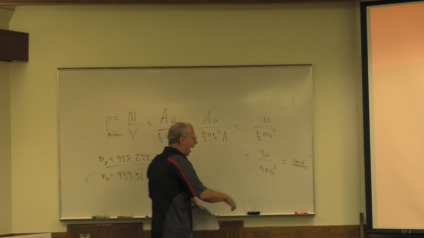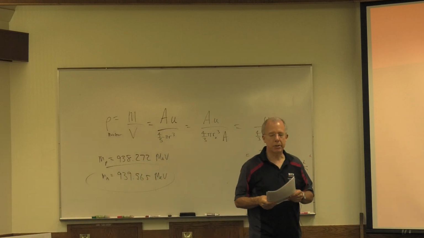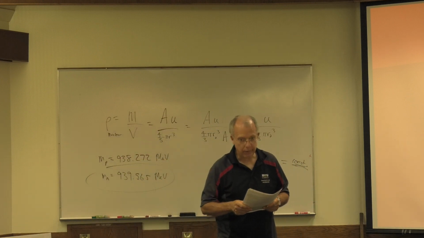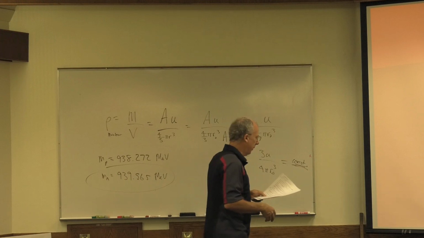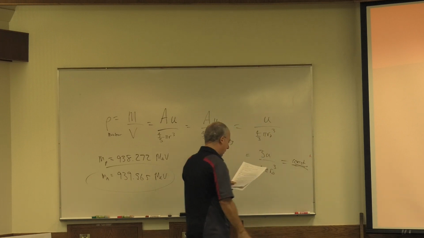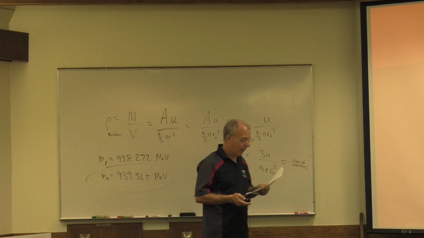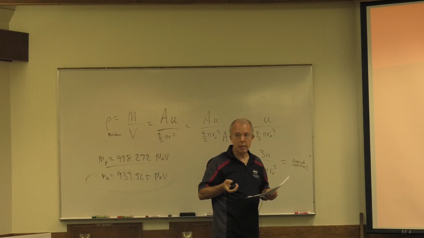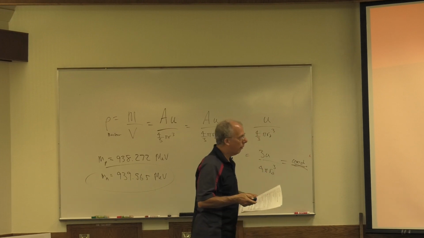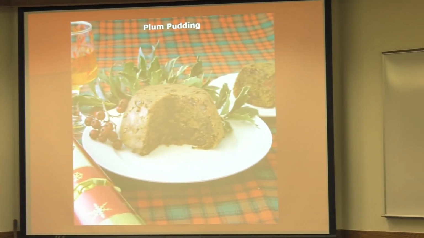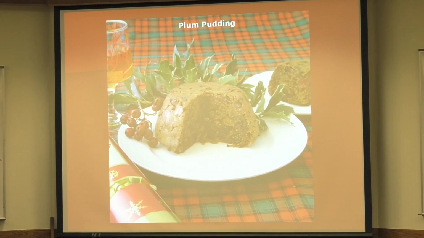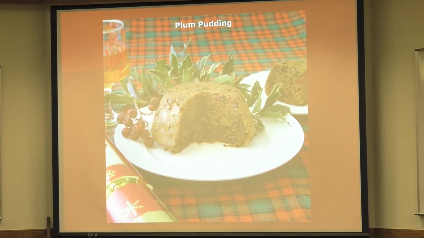Okay, now how did we come to this understanding of atoms and the nucleus and all that? So this is just a super short history lesson. Okay, in the late 1800s, we had what was called the plum pudding model of the atom.